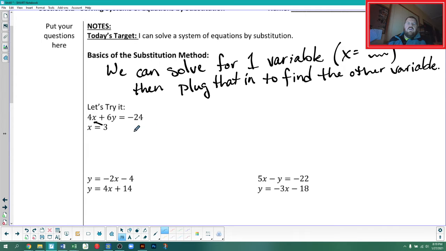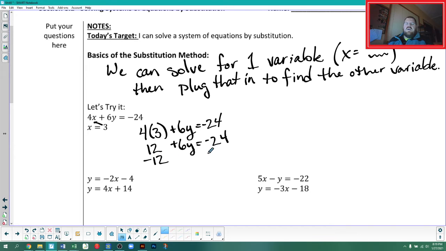All right, now the way that looks is that I'm going to have 4 times 3 plus 6y is equal to negative 24. 4 times 3 is 12, plus 6y equals negative 24. And I'm going to be subtracting 12 on both sides.